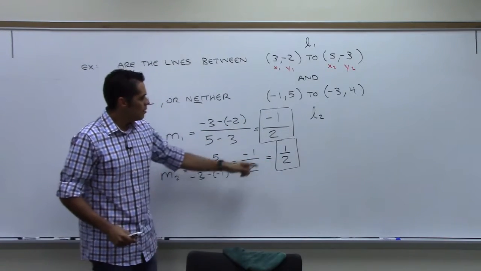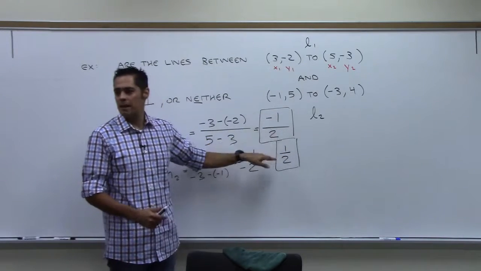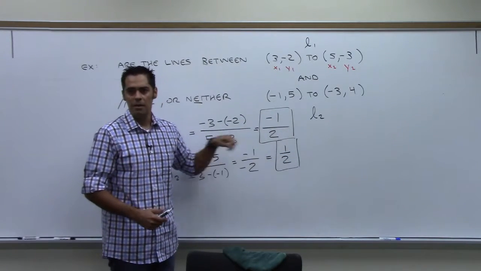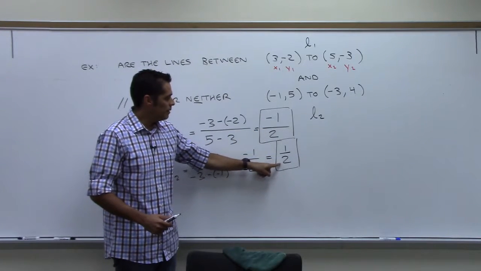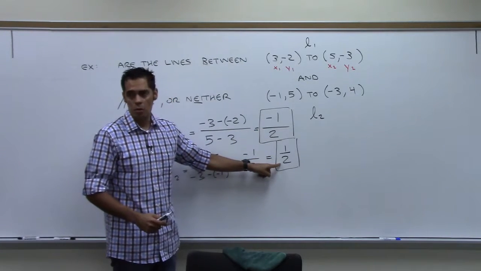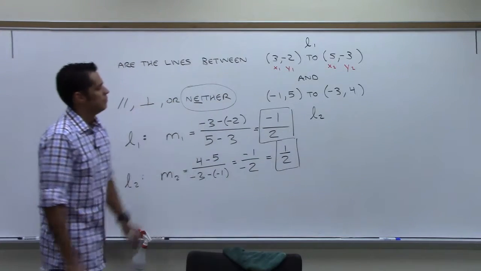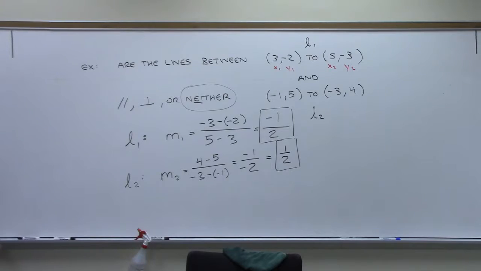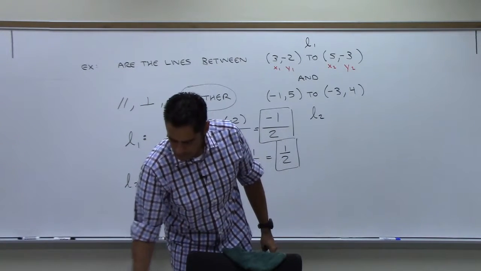So in order for these two lines to be parallel, they would both have to be -1/2 or both +1/2. For these to be perpendicular, this one would have to be what? 2 over 1 or 2, right? So that's it. Understand?